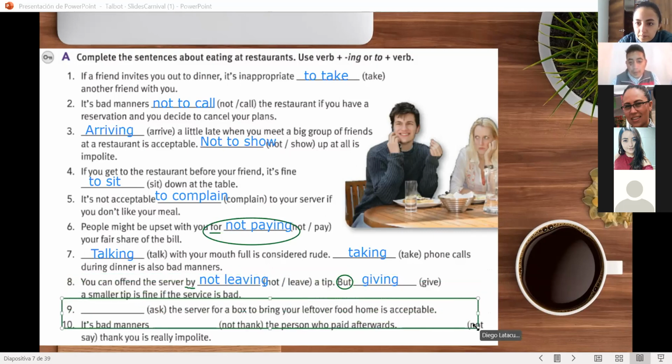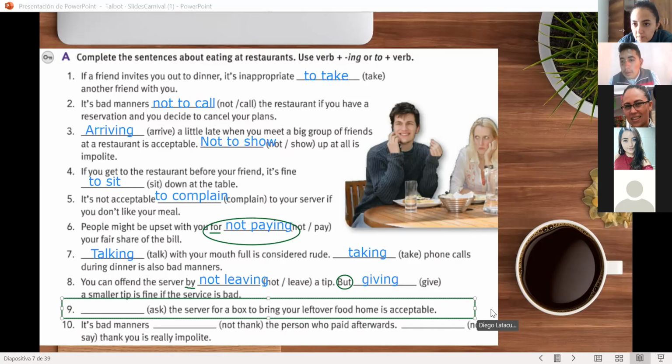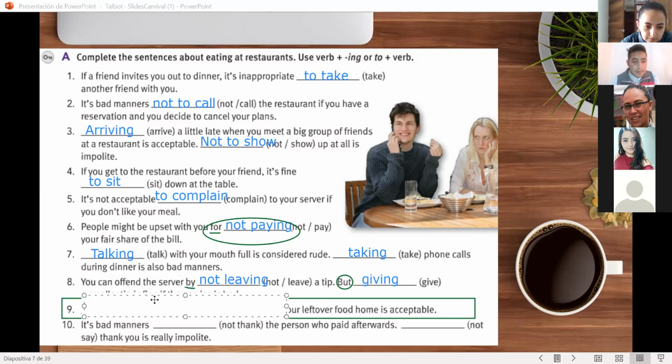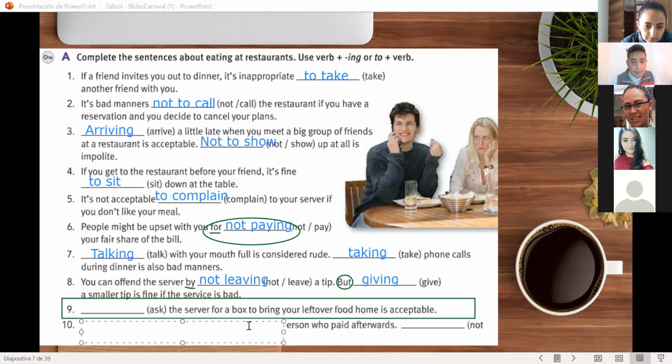Okay. Let's see number 9. Who hasn't participated? Grace, please, Grace. Ask the server for a box to bring your leftover food home is accepted.